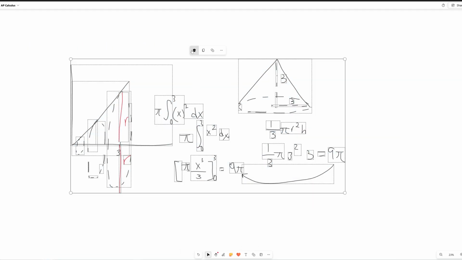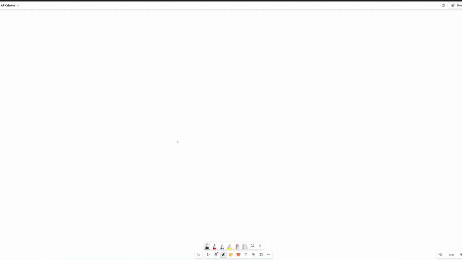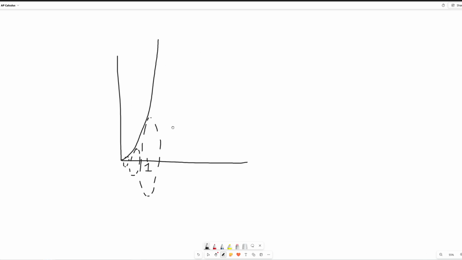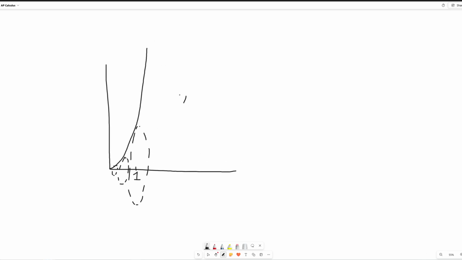Now I'm going to do one more final example. Take the function x squared, and I want to rotate it around x equals 1. I'm going to draw my little rotations. Again, pi. Do not forget your pi.